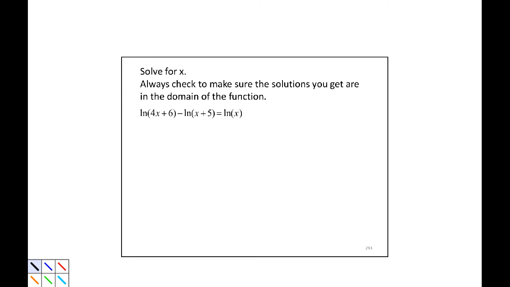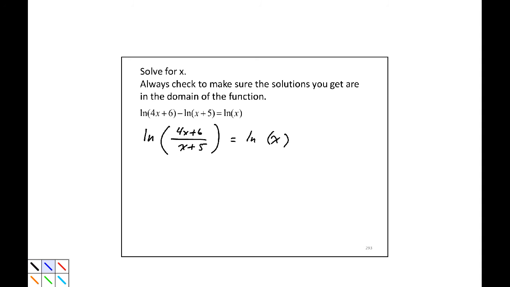We can use our quotient rule now because we have a difference of two logs. So this would be natural log of the quantity, a fraction with numerator 4x plus 6 and denominator x plus 5, equals natural log of x.